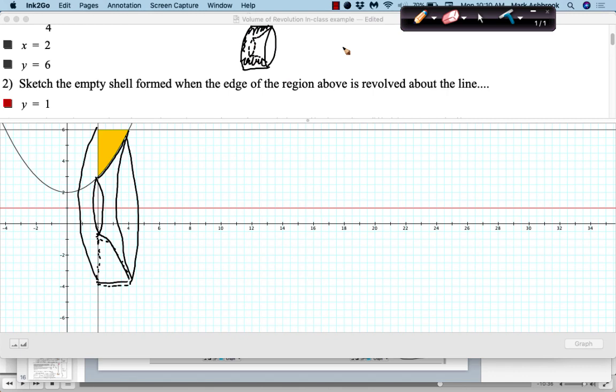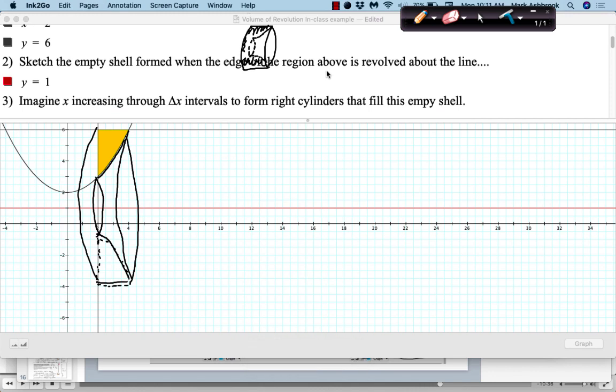It's like a weird toilet paper roll or something, and the solid we're going to fill is actually the toilet paper, but it's got this weird funnel middle thing. Okay, questions on that? All right, let's go on here.